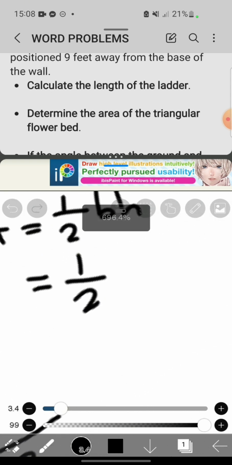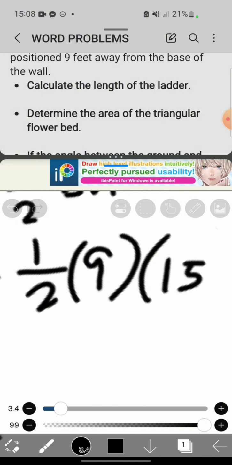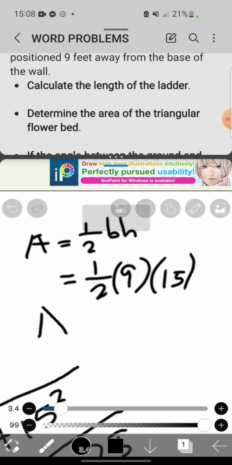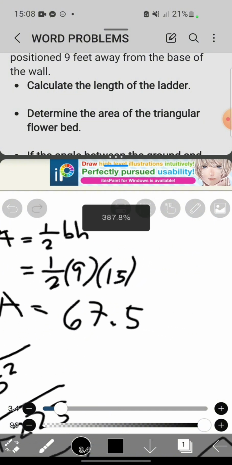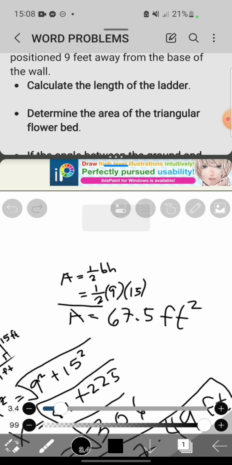So 9 times 15, just solve. The area is equivalent to 67.5 square feet. So this is the answer for question number 2.